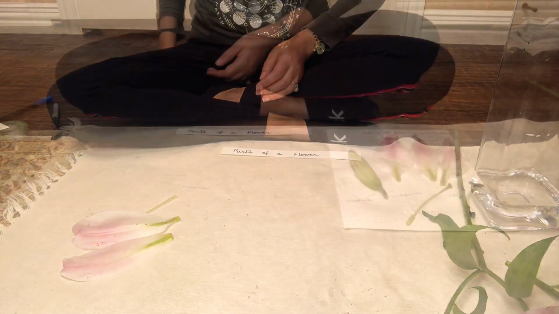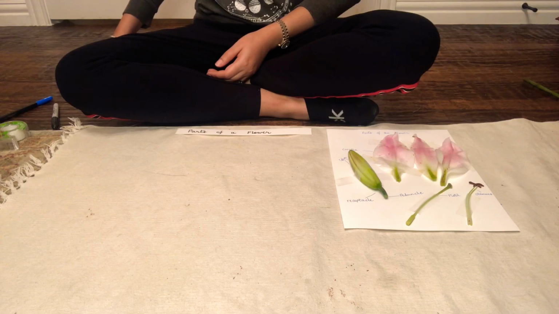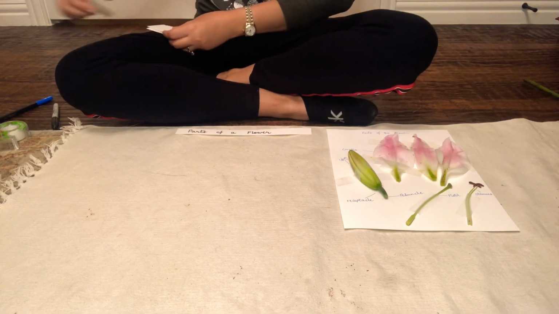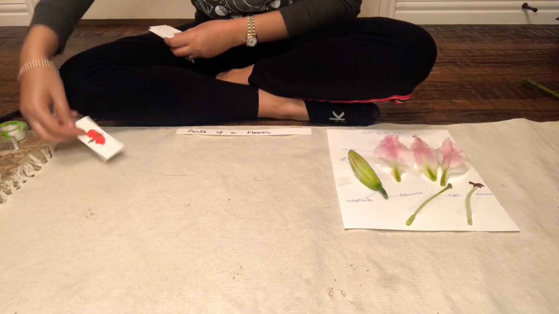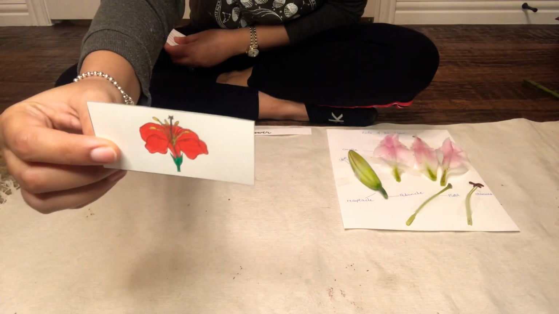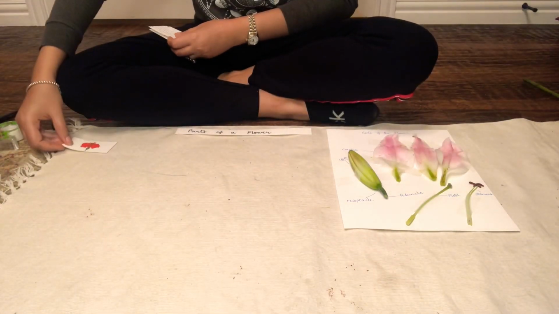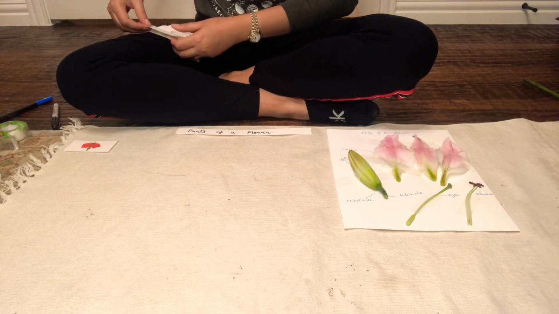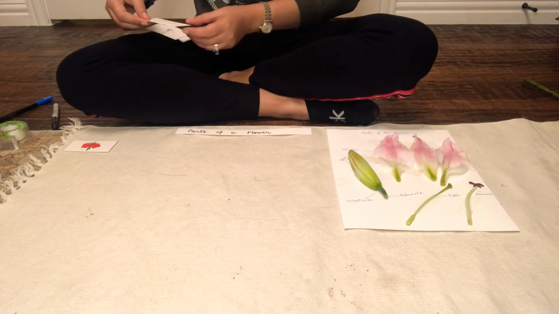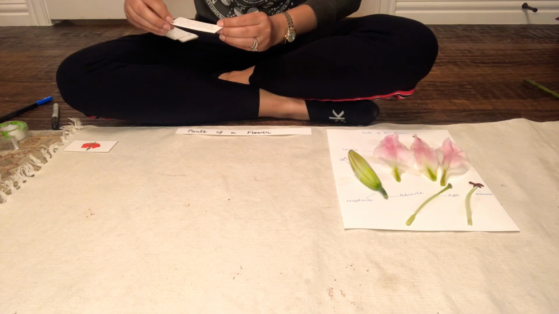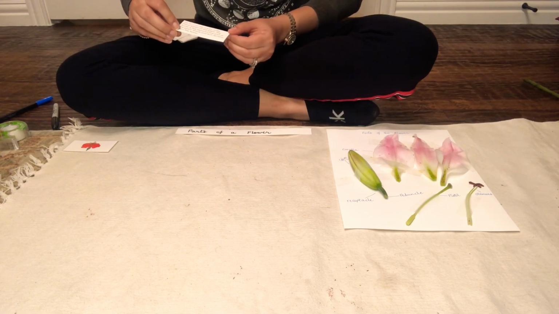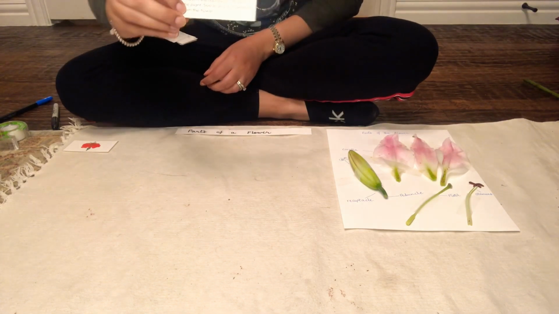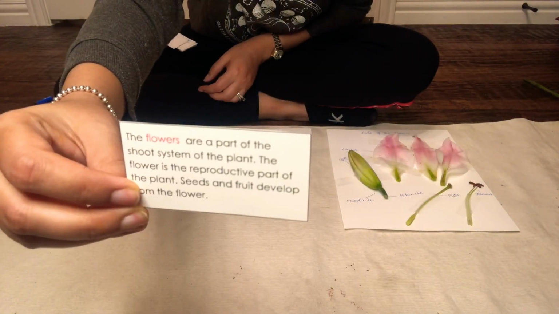So let's start our definitions with the cards. Flower. The flowers are a part of the shoot system of the plant. The flower is the reproductive part of the plant. The seed and fruit develop from the flower.